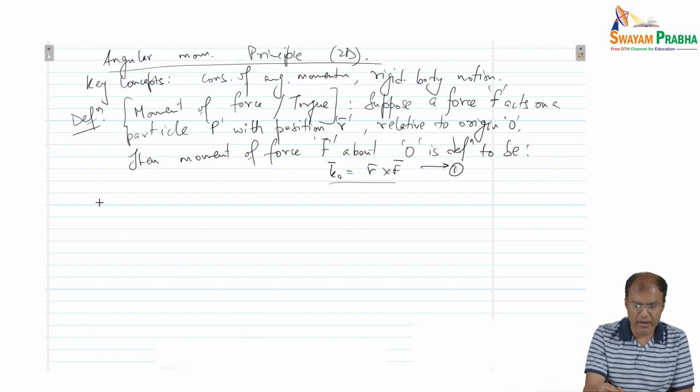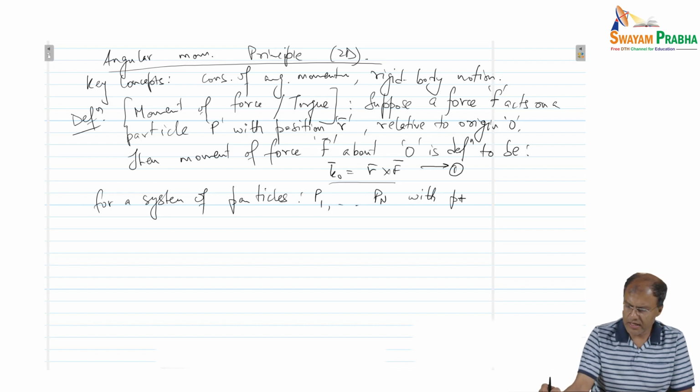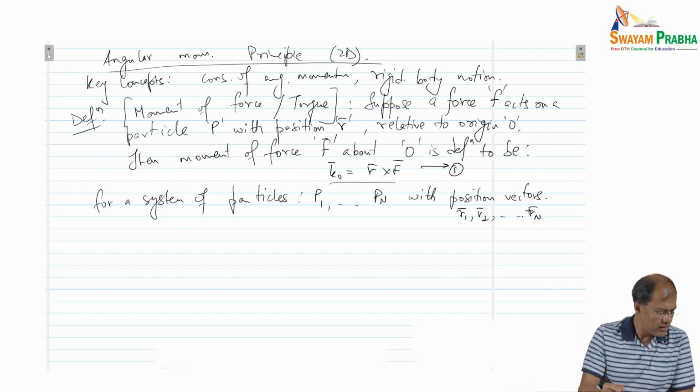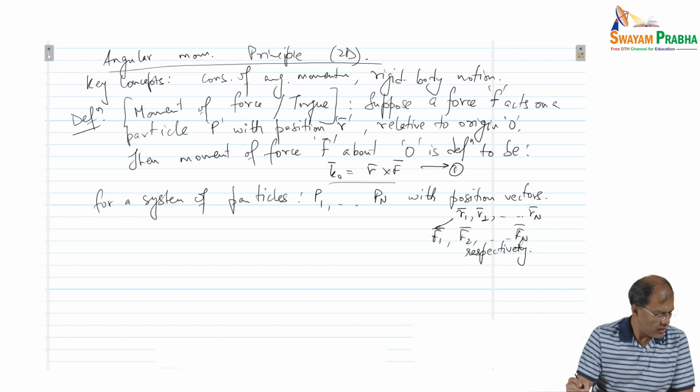Then for a system of particles P1, P2, Pn with position vectors r1, r2, rn, we see that they are acted upon by forces F1, F2, Fn respectively.